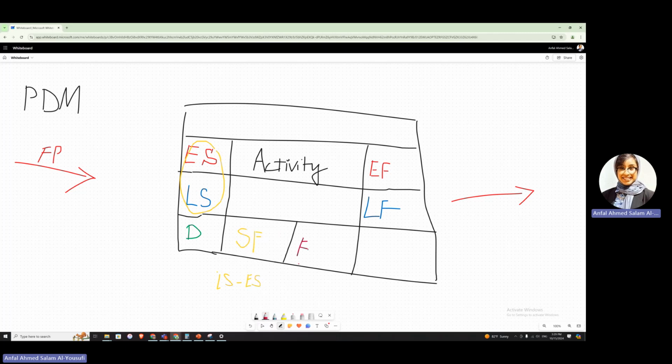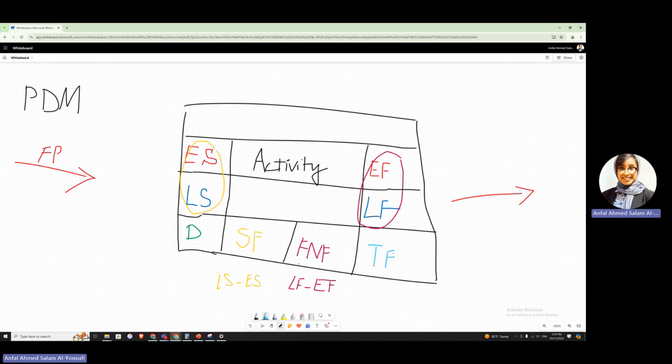Then we have finish float, F and F. In here, you are going to consider the finish side, which is the late finish minus the early finish. Then finally, the most important one, which is the total float.